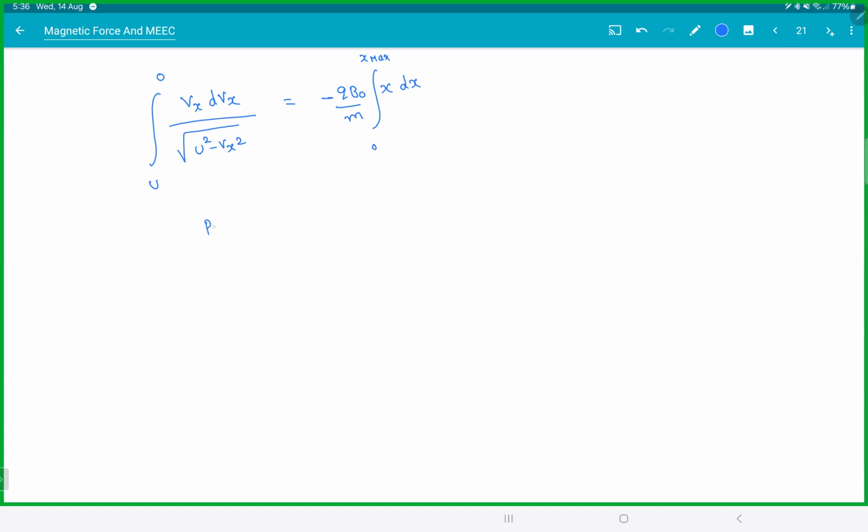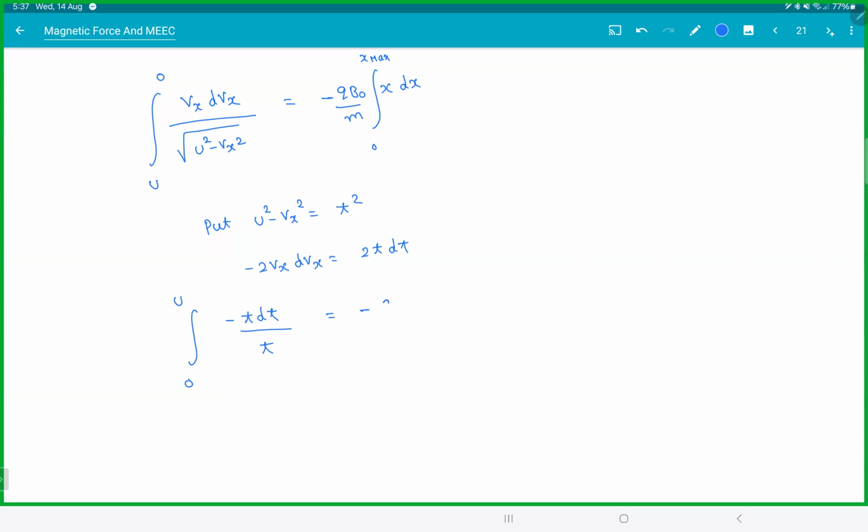Integration by substitution. Put u square minus Vx square equal to t square, minus 2Vx dVx is equal to 2t dt. Substitute here, this would be minus t dt by t, and limits will be when Vx is u, t is 0, and Vx is 0, t is u.